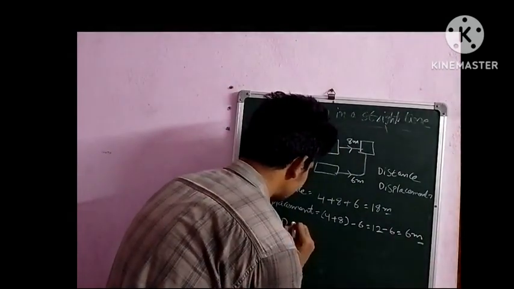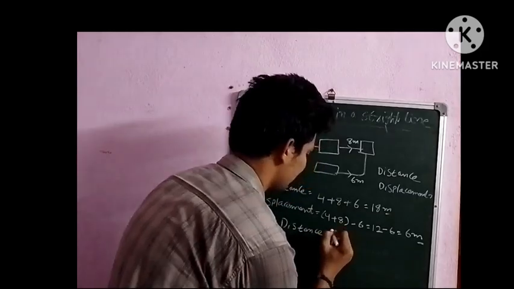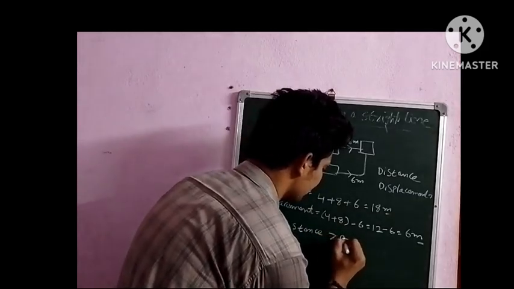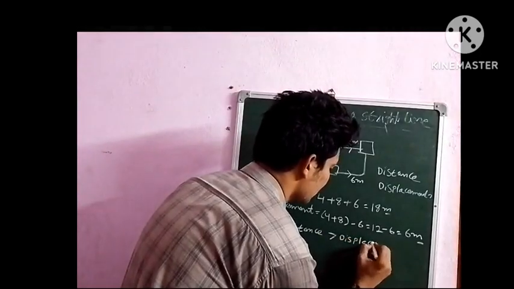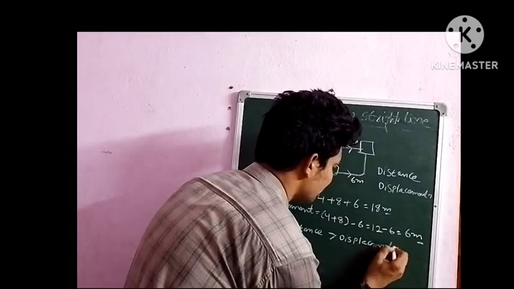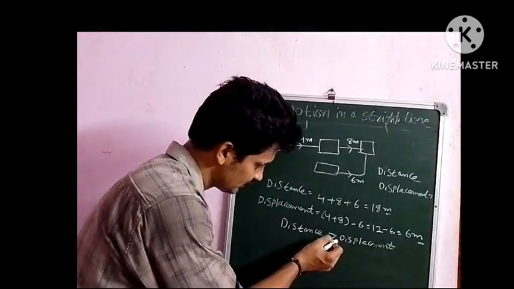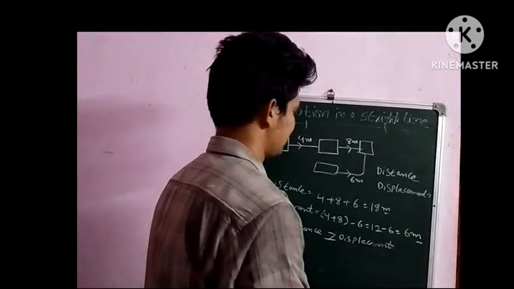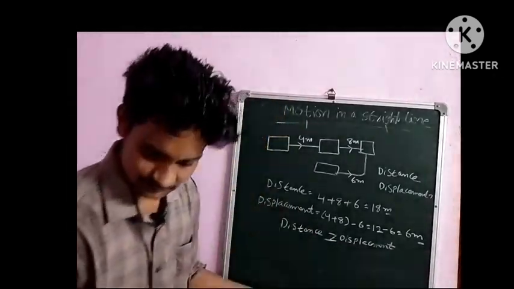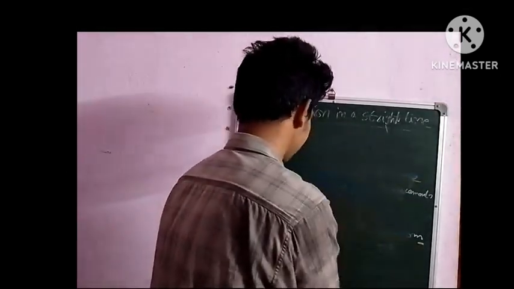What we proved: distance is greater than displacement. Before, we proved distance is equal to displacement. So distance is greater than or equal to displacement. And we take another example.